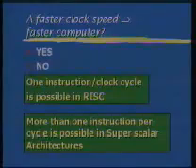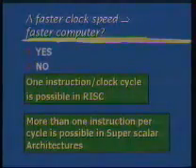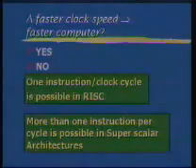How can it achieve it? Basically, by having more than one pipeline in that particular processor. This is going to be possible only if we have multiple pipelines, and each pipeline is working on some instructions simultaneously.